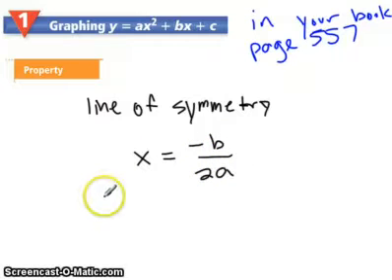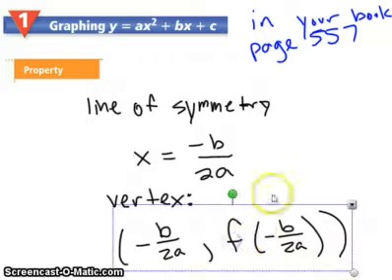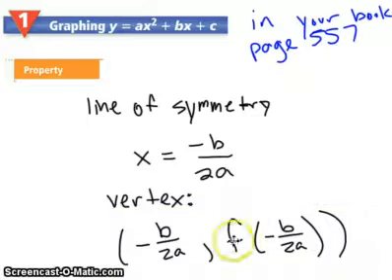The helpful hint there is that the vertex will then always happen at this location. So this part here with the f of the opposite of b over 2a can kind of be confusing.